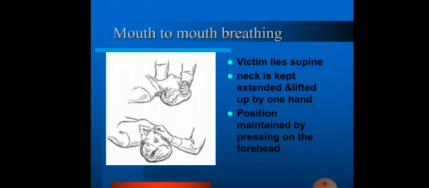Now, the disadvantages of mouth-to-mouth breathing: infection may spread in either direction, that is, either from the subject to the volunteer or vice versa. The second main disadvantage is the person may go into exhaustion. Now, whatever I was telling you was about an adult, but mouth-to-mouth breathing can be used in children and infants also.